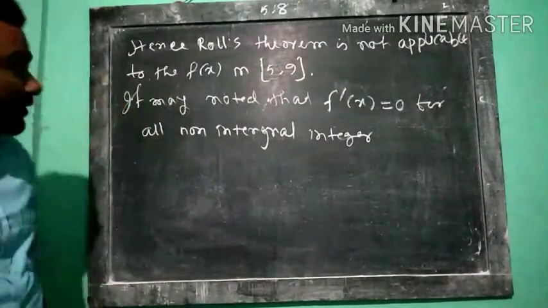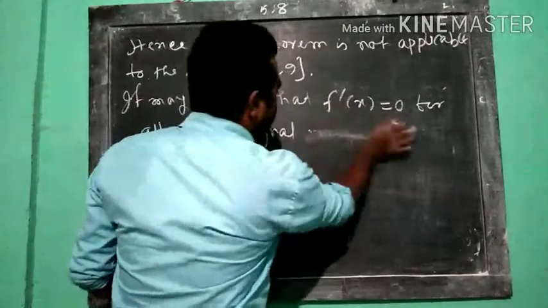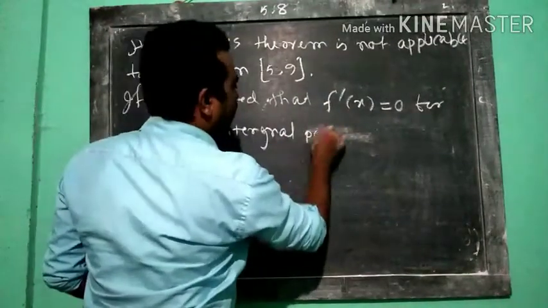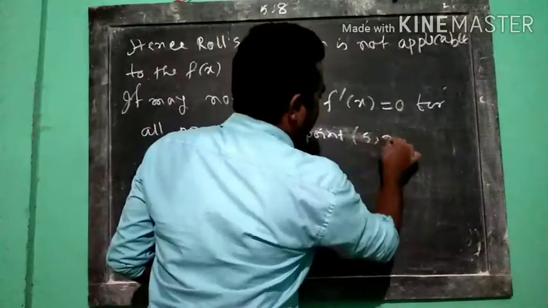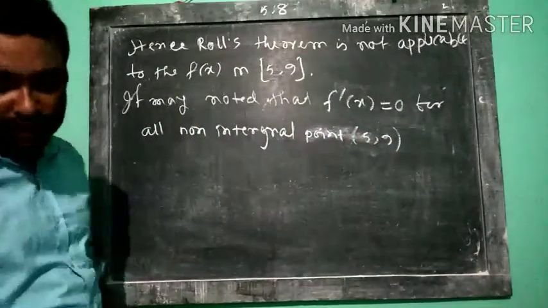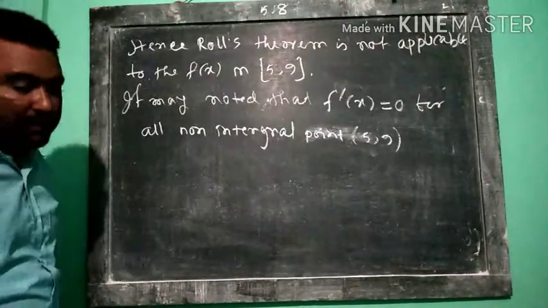points, right here, non-integral points in (5, 9).